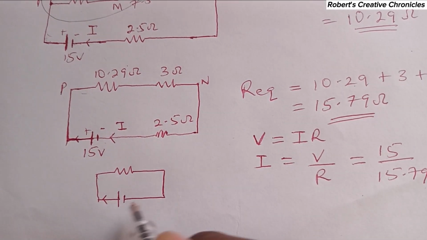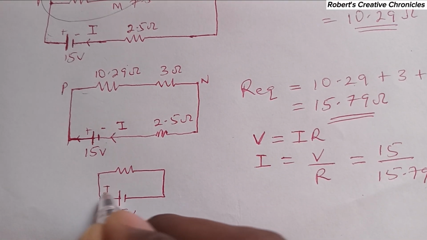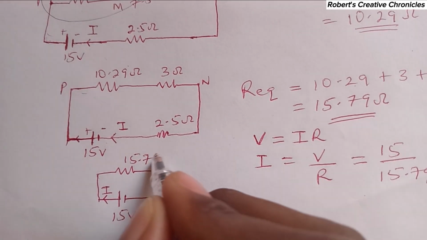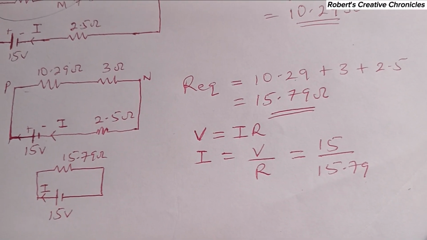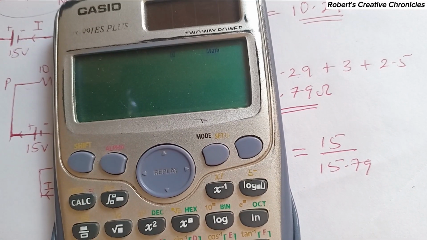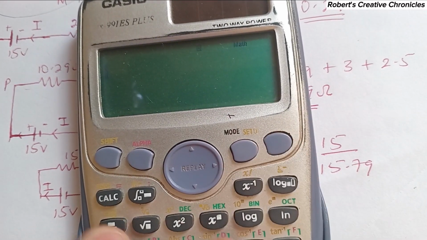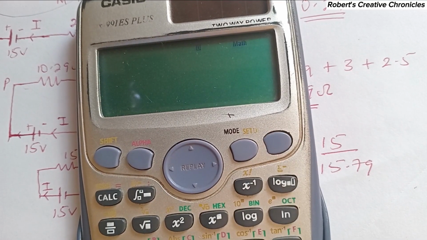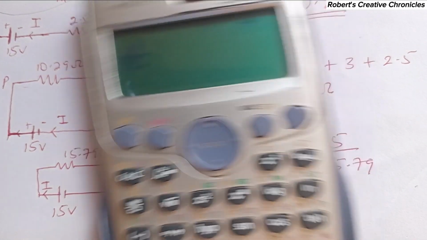There's current, the voltage is 15 volts, and the resistance is 15.79 ohms. So this is the final circuit, and the current is given by Ohm's law, 15 divided by 15.79.